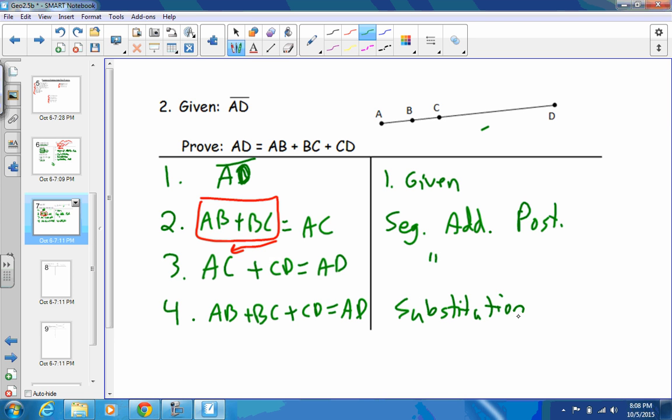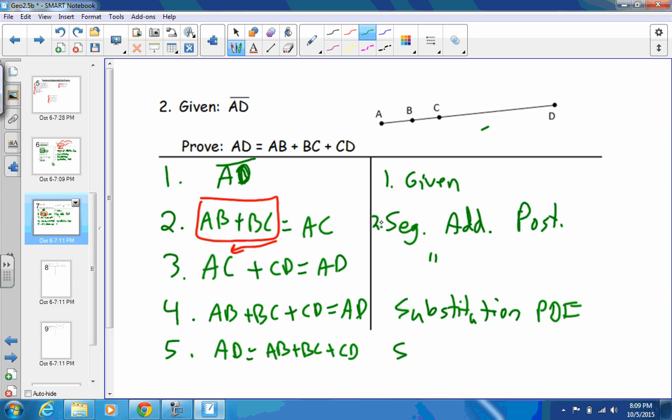Technically, that's a substitution property of equality. All right, and actually, we're almost done here. Then the last step we just have to do is switch these around. So we have to say that AD is equal to AB plus BC plus CD. And we can flip those around because that would be the symmetric.